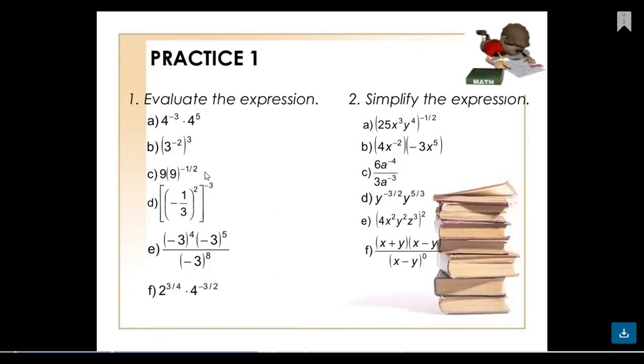Kapag denominator, ito yung nagiging root natin. Okay, so magiging square root of 9 raised to negative 1. Kapag negative 1, magiging 1 over 9 siya. So, square root of 1 over 9 multiplied by 9. Nagigets ba natin? Okay, let's move on. Try nyo na lang by yourself yung other numbers or other letters.